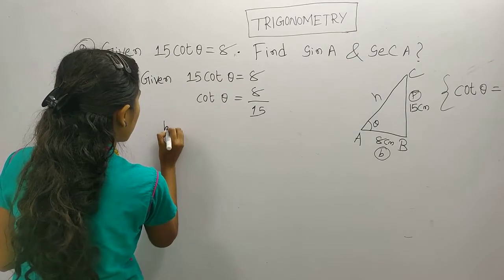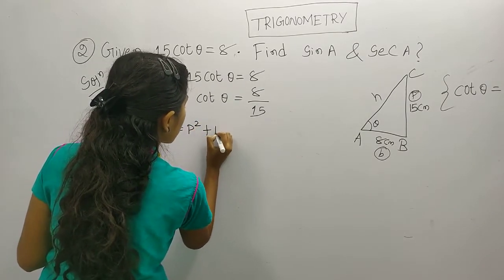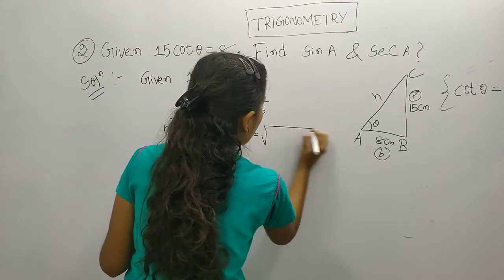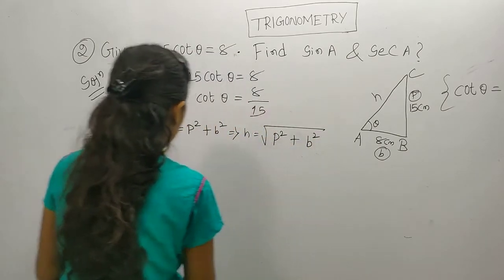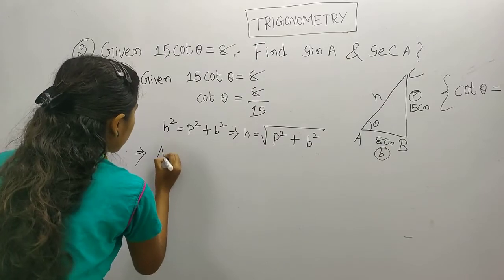So first we have to write the formula. H square equals P square plus B square. That implies H equals root over of P square plus B square. So hypotenuse side is AC.